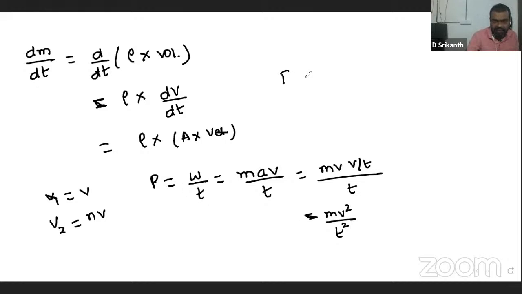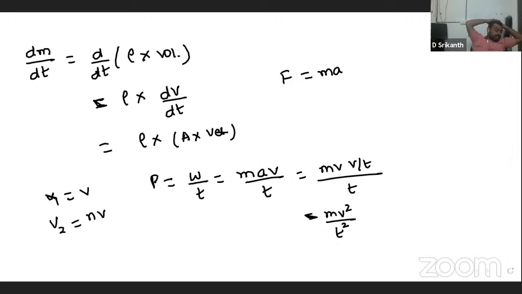Force F is equal to m a. By using this relation we get power increased by n cube times, force increased by n square times.